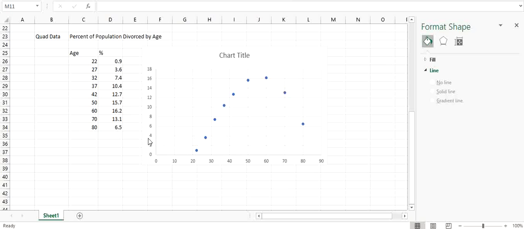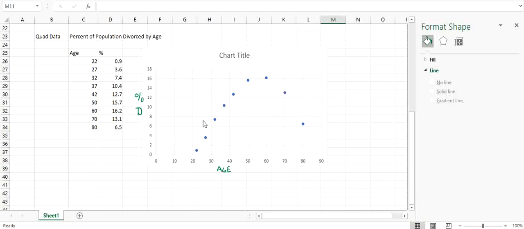If we jump back to Excel, I have some data here that's not linear. You can see this is data that represents the divorce percentage as a function of age. So age is the x-axis, and I don't have time to set this up very well, but let's say this is age, and this is your percent of divorce.